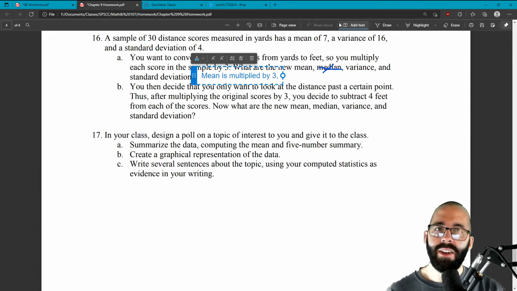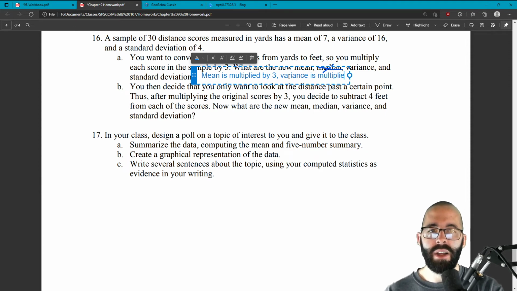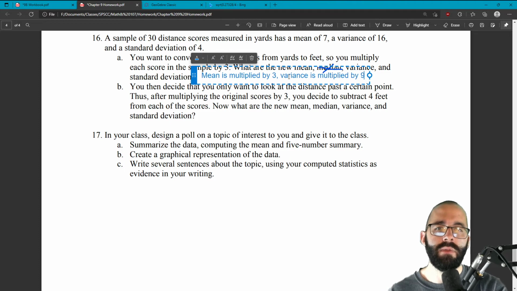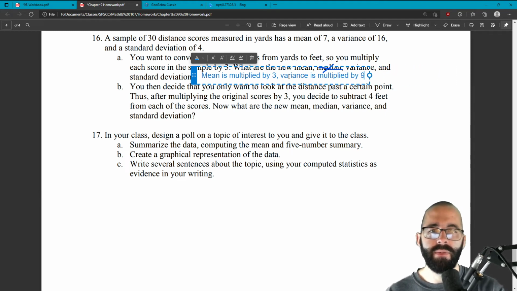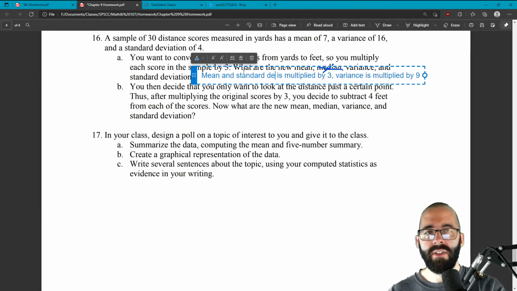Again, there's a complicated way for where this comes from. You don't have to worry about it too much. The variance is multiplied by 9. Again, the variance is just the standard deviation squared. And by the same logic as before, standard deviation is multiplied by 3. We can say the mean and the standard deviation are multiplied by 3.